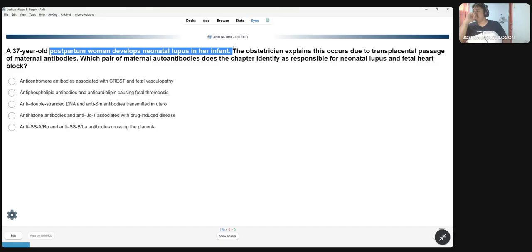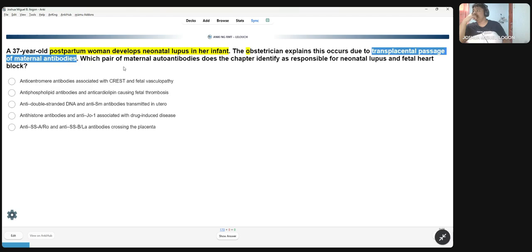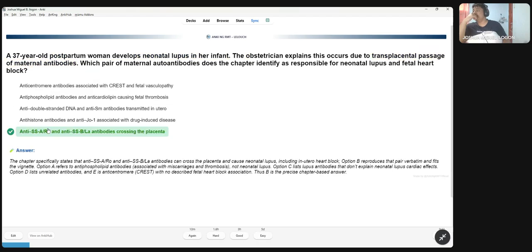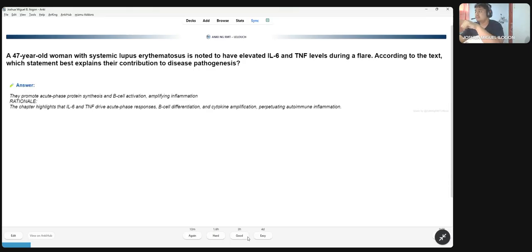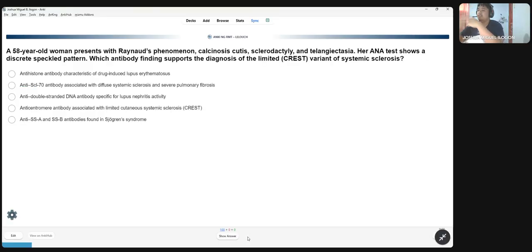Postpartum woman develops neonatal lupus in her infant with transplacental passage of maternal antibodies. These are the SSA Ro and SSB La. Systemic IL-6, TNF, lupus flare, connective tissue, because of fever, acute phase protein and B cell activation.